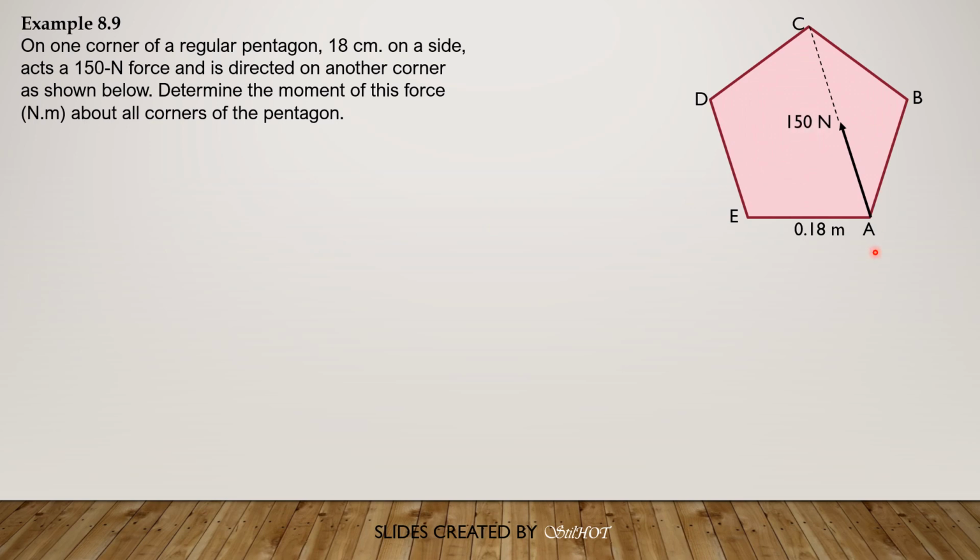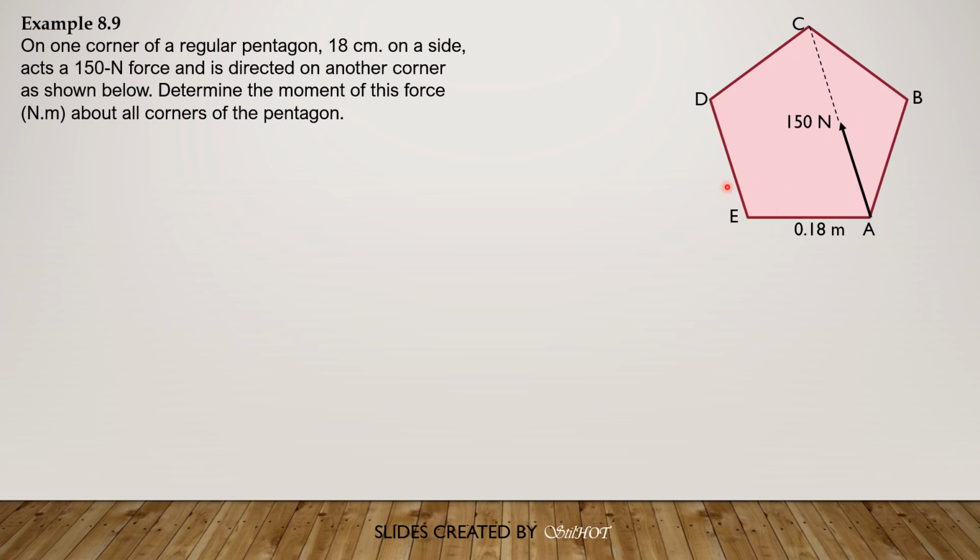So that's the figure, and it acts at A and it passes through A. So moment about A and about C would be 0, and since this line is parallel to DE, because this is a regular pentagon, then the moment about D is the same as moment about E.